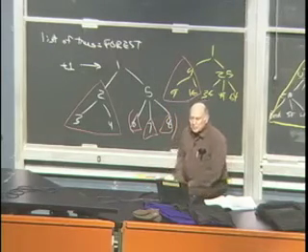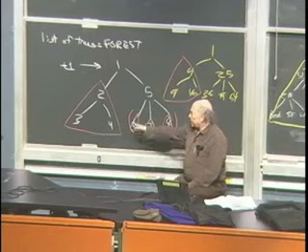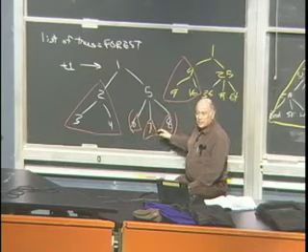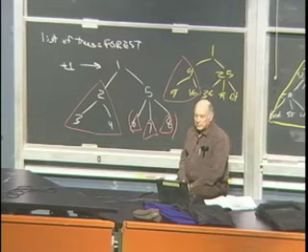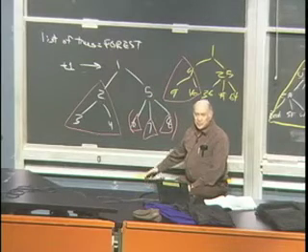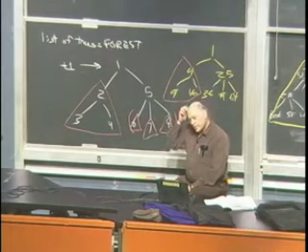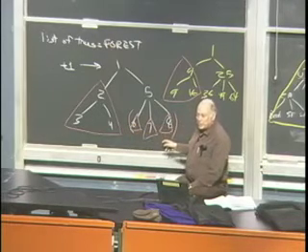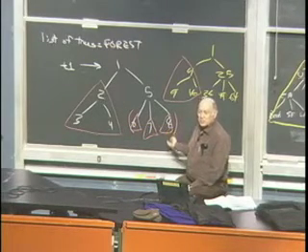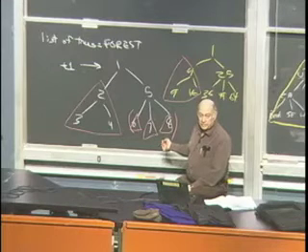So map is given this list of 3 nodes, and it cdrs its way down the list until finally it runs out. Okay? So one base case is the sort of vertical end of things when we're at a leaf node, and the other is a kind of horizontal end of things when we've run out of siblings. Right?